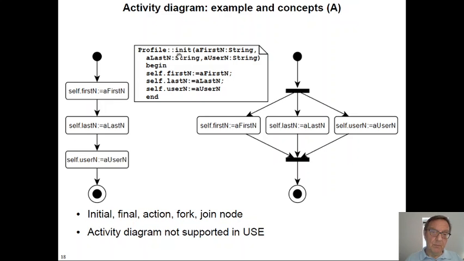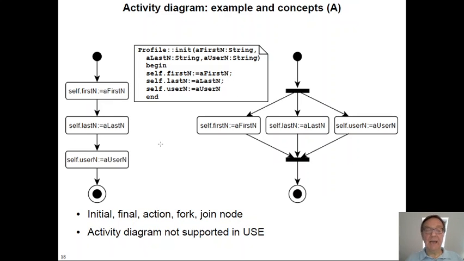And what the operation init should do is, well, the operation init has three parameters: a first name, a last name, a username, and these three parameters are assigned to the self object. That means the self object is the object on which the operation init is called. And there is a one-to-one correspondence between these three attributes and these three parameters here.